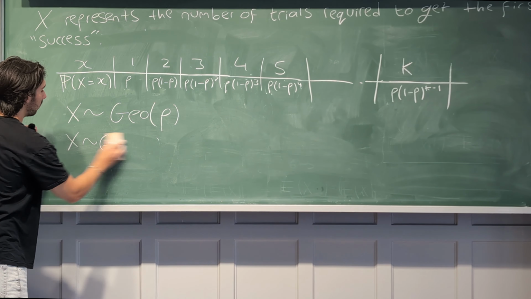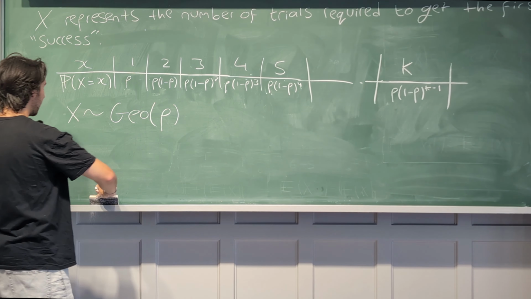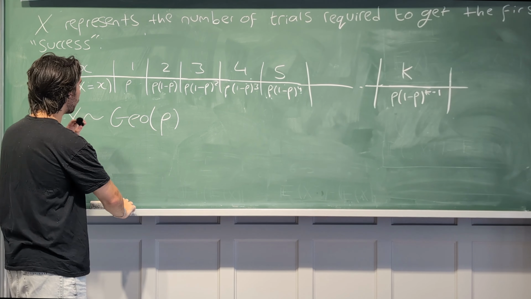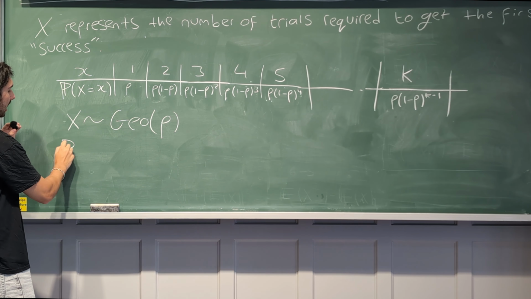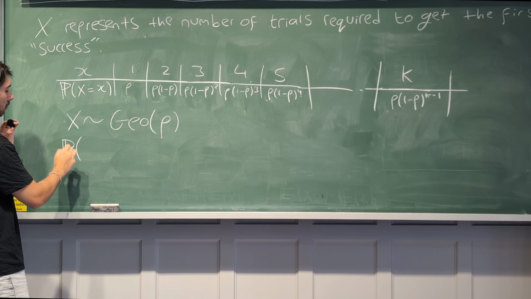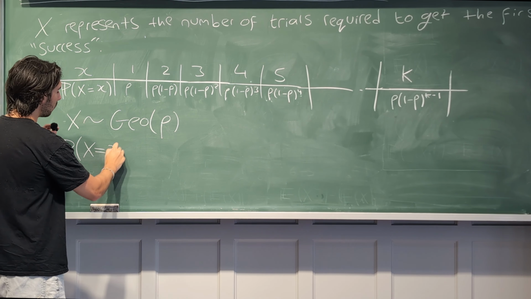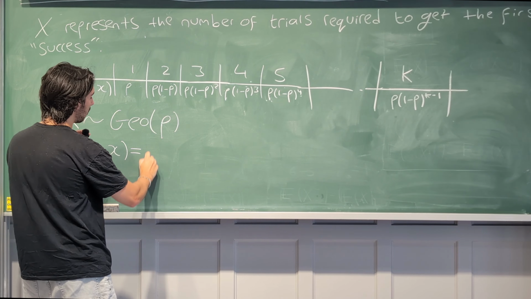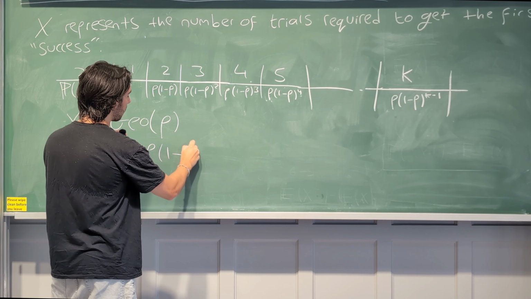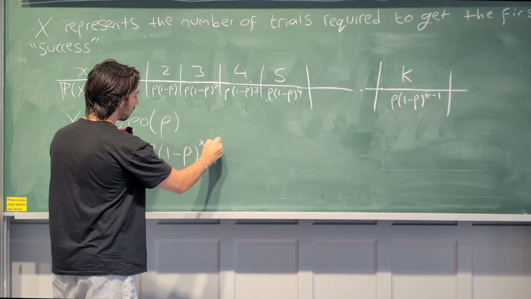In general, we have the probability function, or the probability distribution function, that says this. For anything that's geometrically distributed, the probability that big X is equal to little x is equal to p times (1 minus p) to the power of x minus 1.